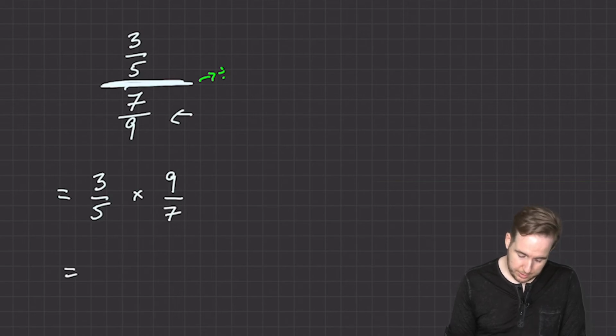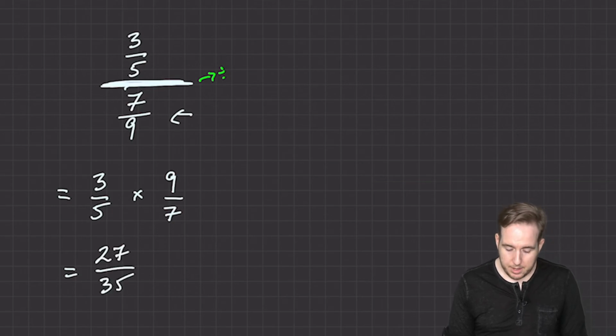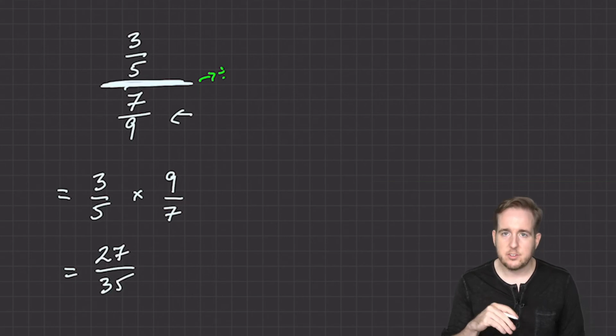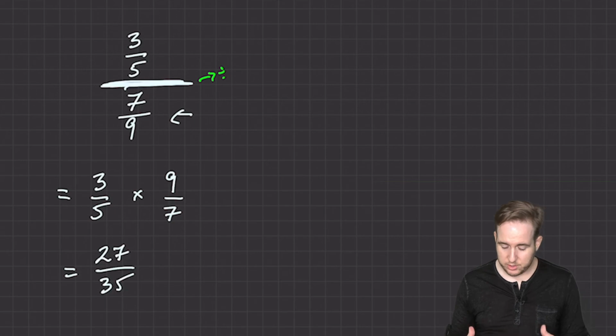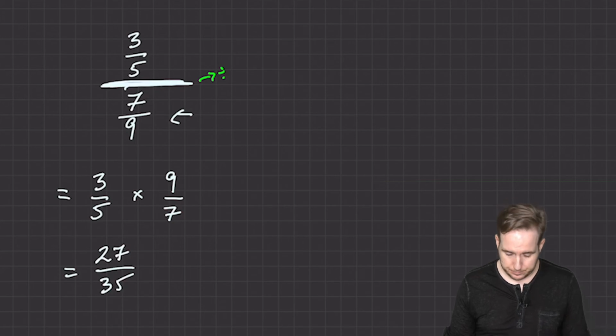And then I can do 3 times 9, which is 27, and 5 times 7, which is 35. Okay? And keep in mind, all of these would be ugly decimals, but because I've just kept them as fractions, they have all just stayed numbers that I can do with just my times tables from 1 to 10.